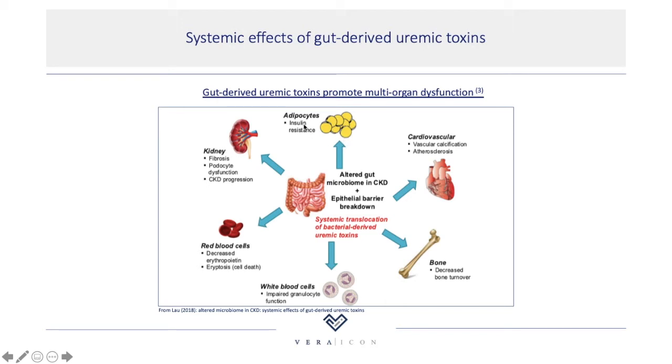It will induce insulin resistance and ultimately lead to type 2 diabetes in men. We know there's an effect on the kidney. Not only is it retained in the bloodstream because of the kidney that is not functioning well, but it has a toxic effect on the kidney itself. It causes fibrosis, it causes podocyte dysfunction, and ultimately will lead to progression of CKD.